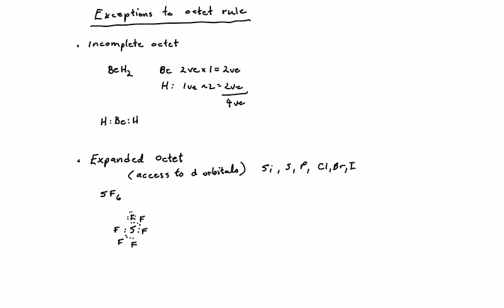But if you look at sulfur, you can see that there's a total of 6 bonds, each with 2 electrons, and that means it's a total of 12 valence electrons. And that's okay, because sulfur has access to its d orbitals. And again, we see this with other elements as well.